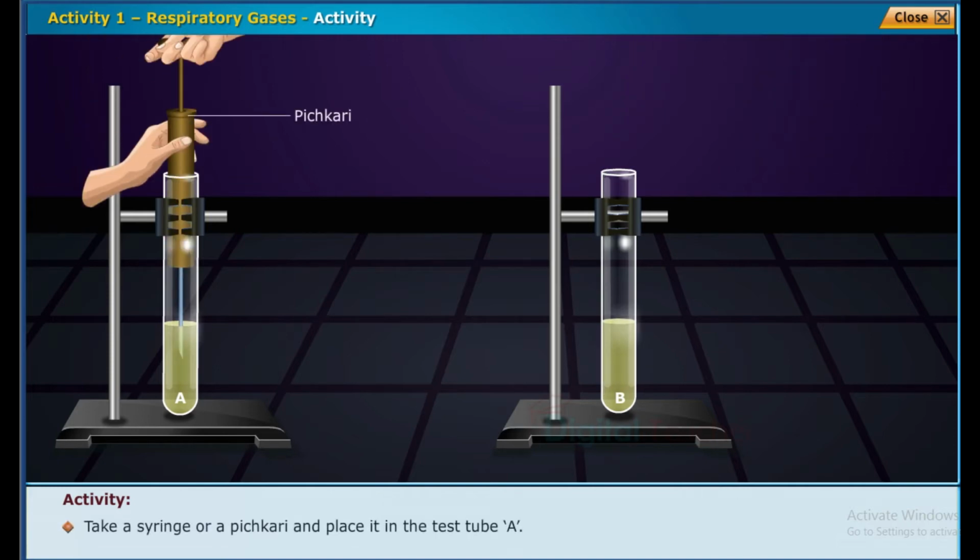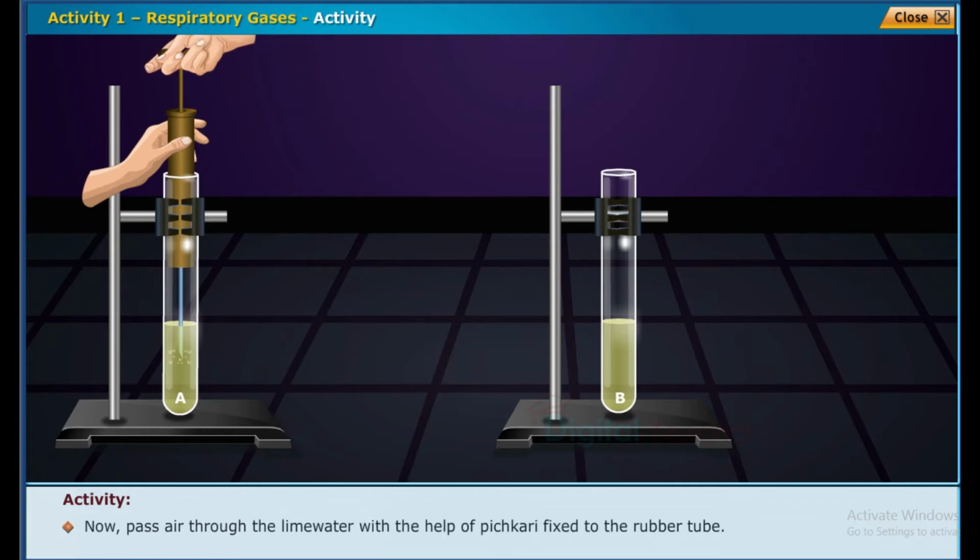Take a syringe or a pichicary and place it in test tube A. Now pass air through the lime water with the help of the pichicary fixed to the rubber tube.